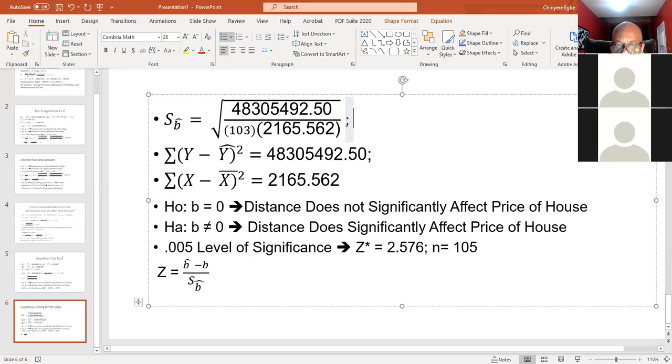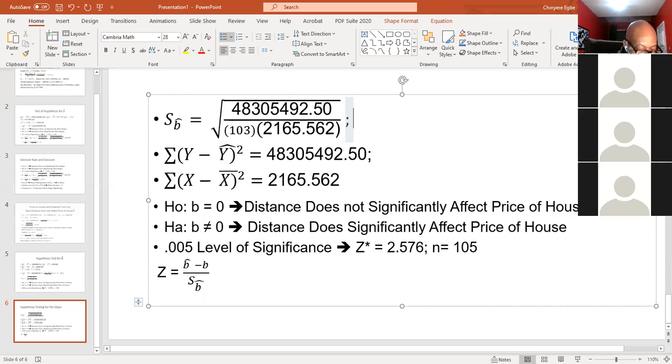Okay. 48305, I got 192.50, I don't know about 53 point whatever. Okay, divided. I'm going to do it again. 483.